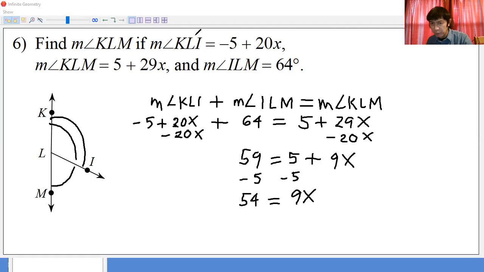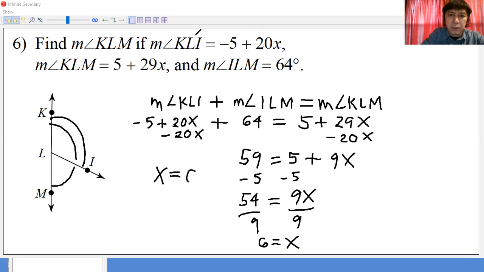We shall divide both sides by the number 9, and we have x equal to 54 divided by 9, which is 6. So we have the value of x. Our x is equal to 6.